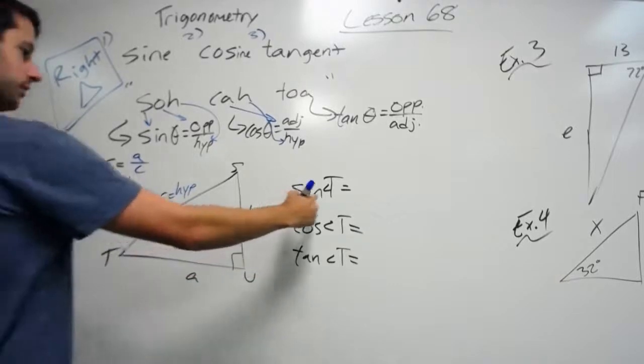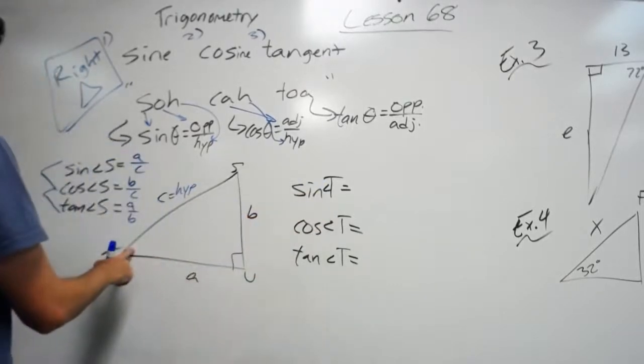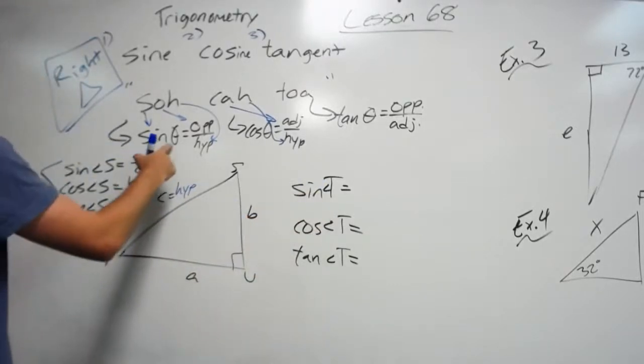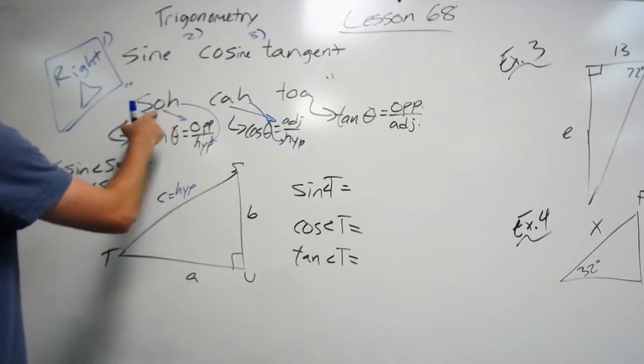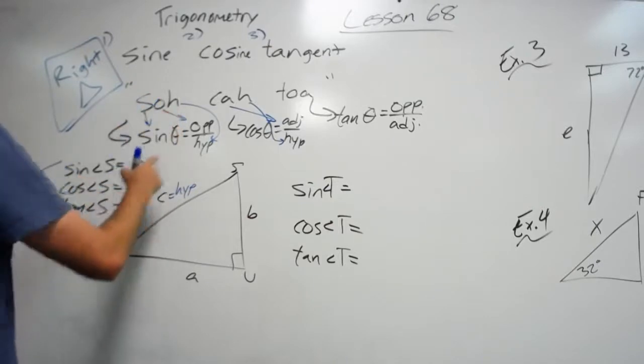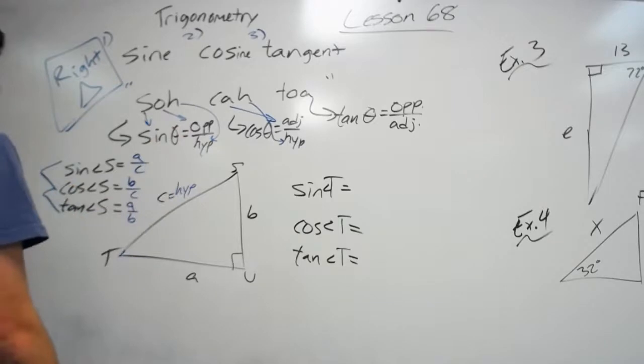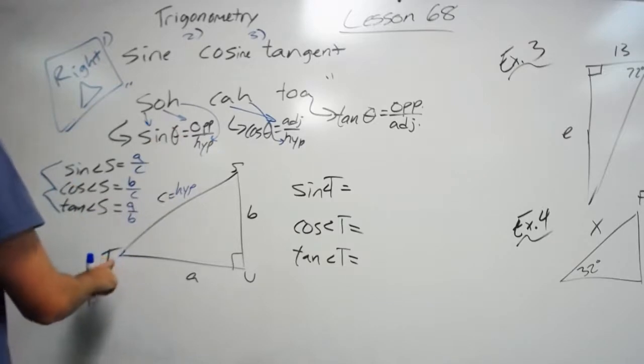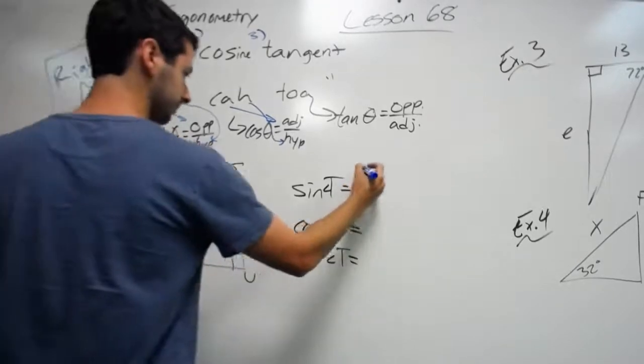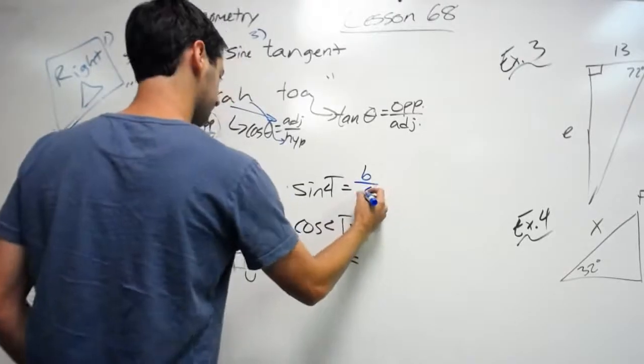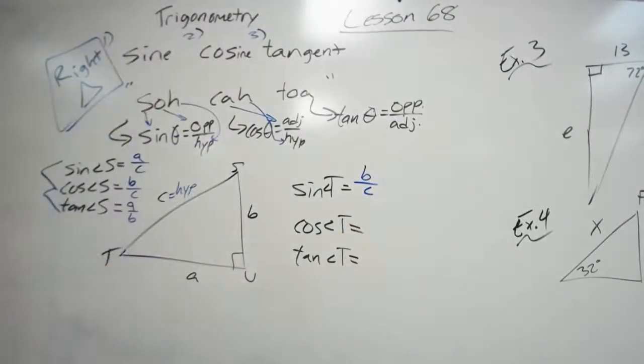If we're doing sine of angle T, look at SOH: opposite over hypotenuse. The opposite of angle T is now B, and our hypotenuse is C. And you just continue this trend.